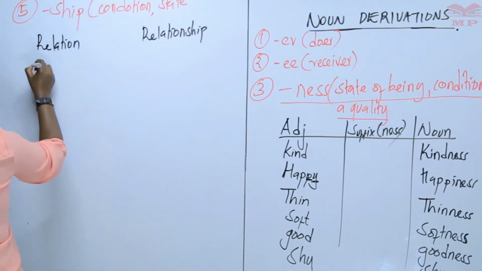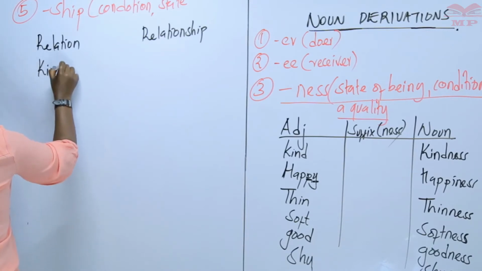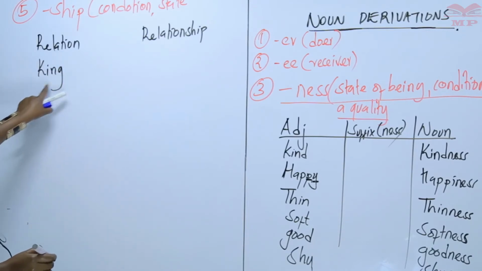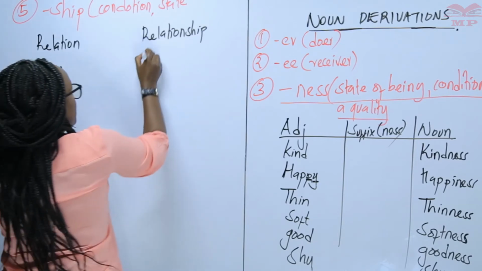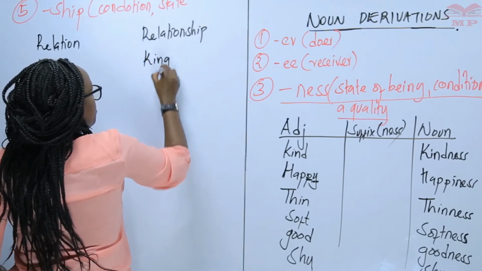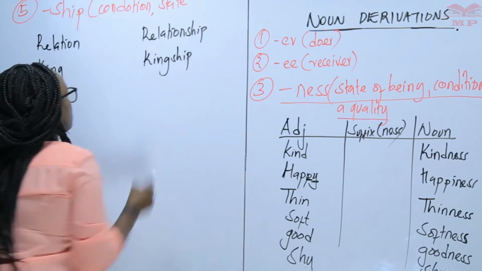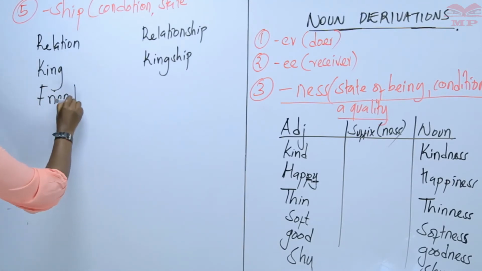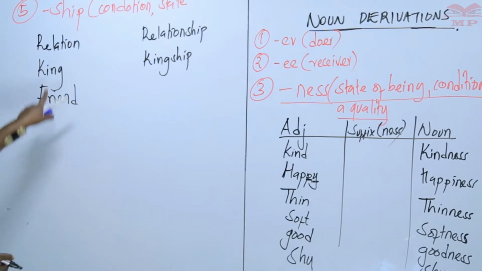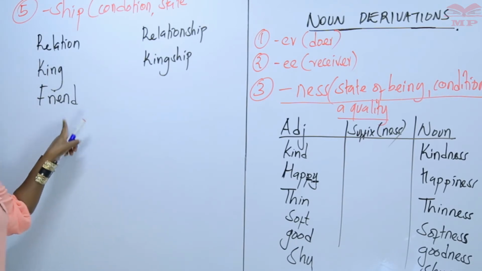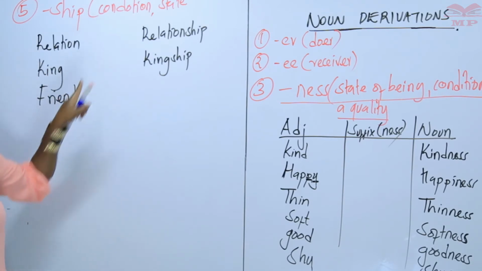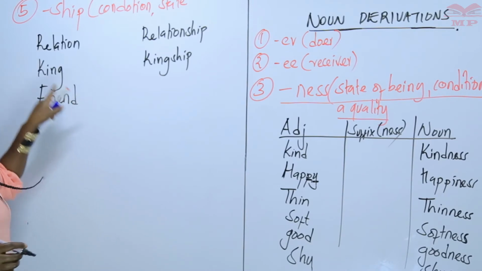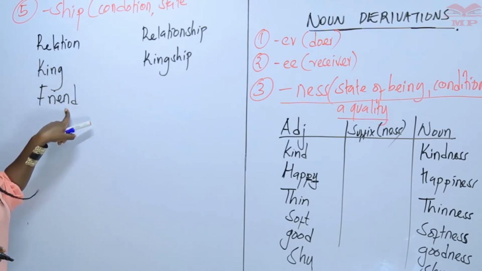We could also have another word like king, which is a noun. When we add ship to this one, we get kingship. You notice that most of the words that we are adding the suffix to are nouns. Look at the word king, look at the word friend.